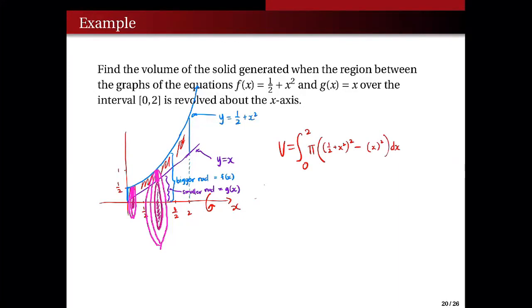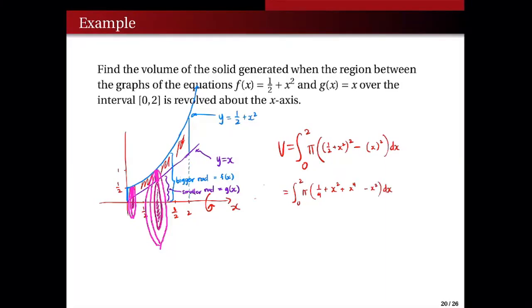So if we calculate this, we have the integral from 0 to 2 of pi times, let us expand this guy here, 1/4 plus x squared plus x to the 4, and then minus x squared dx.